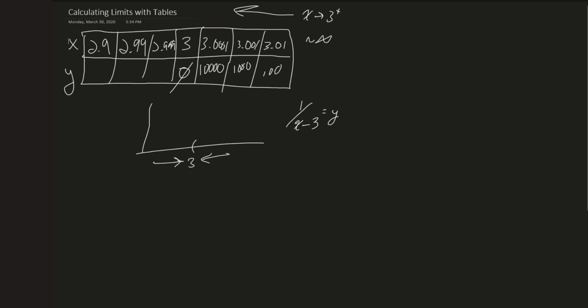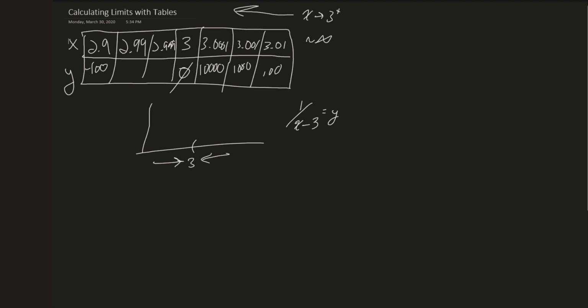Now, from the other side, 2.9, 2.99, 2.999, those are all values that are a little bit less than 3. And so if we plugged into there, we would get something perhaps. Now, these aren't actually values plugged into this function, but you get the idea. This would be negative 100.